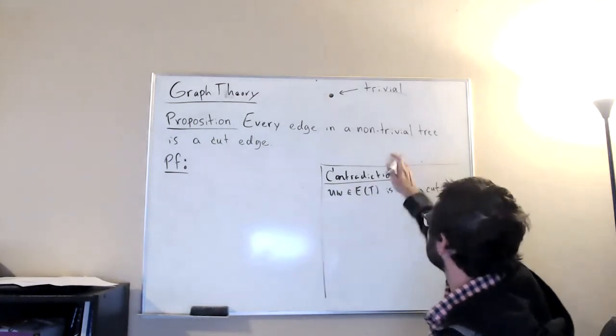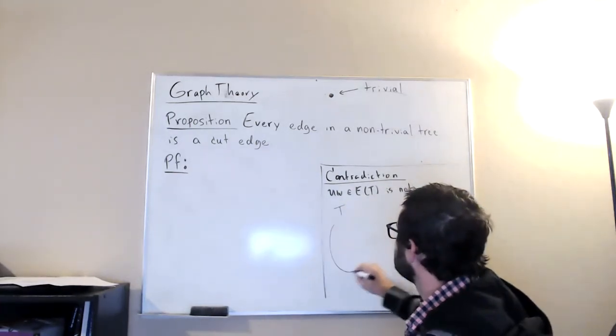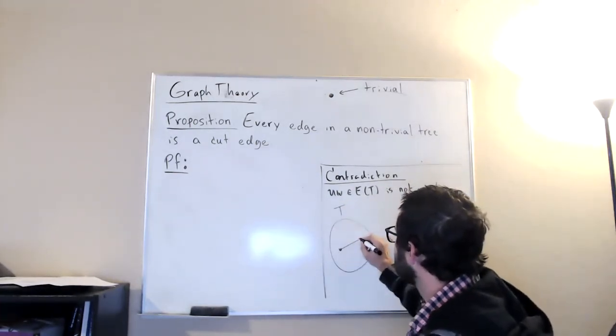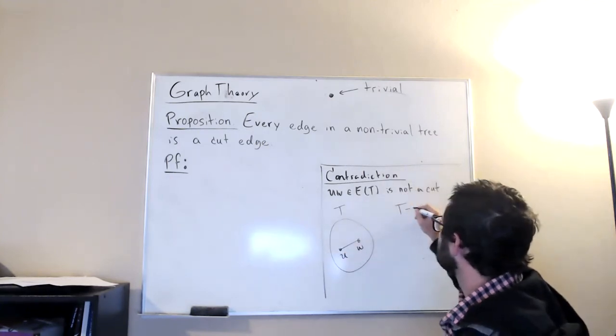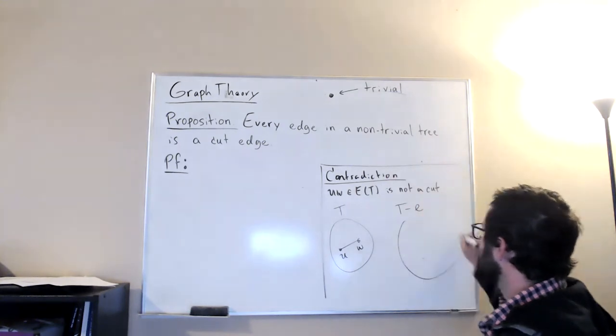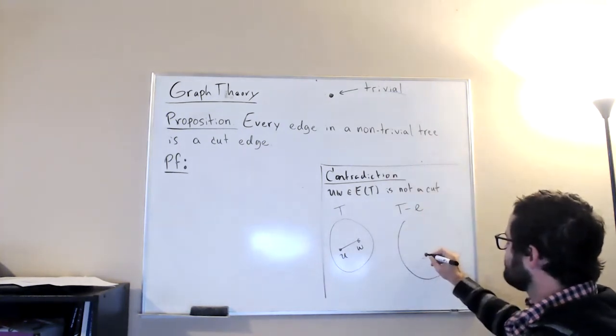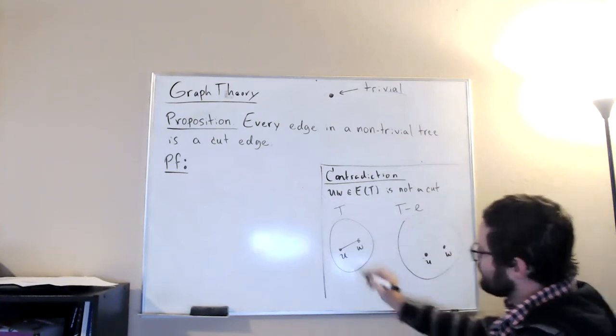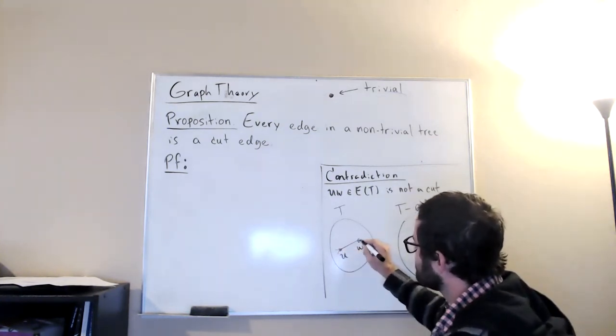So maybe here's T, and here's U and W, and here's T minus E over here, and here's U and W. And these things could be connected to whatever, doesn't matter.